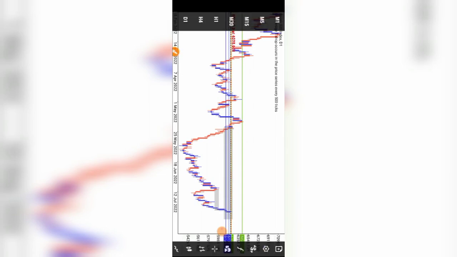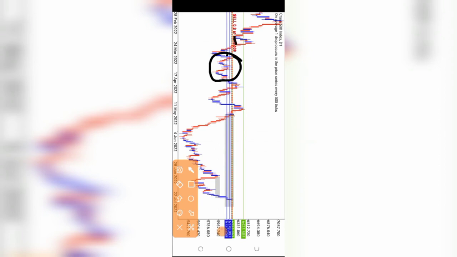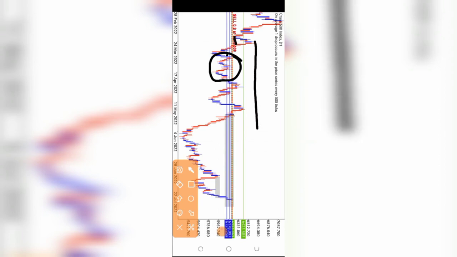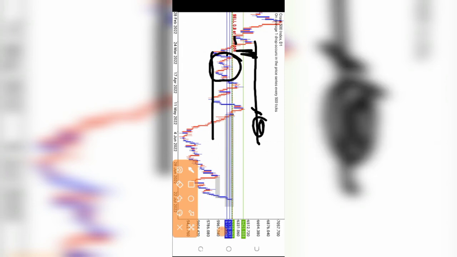Now look at it here. Everything that we have here is what we call internal structure. When we have this BMS here, this was the high that we have. Draw a horizontal line to the high, and this is the low, right? So far they didn't break this range here. Now you are not in an uptrend. Forget about the buy that you have. You are not in an uptrend.